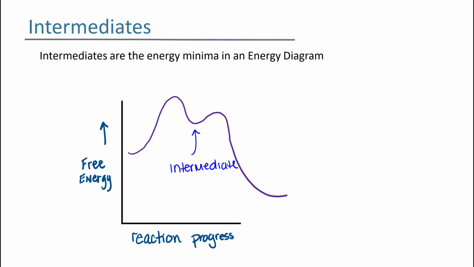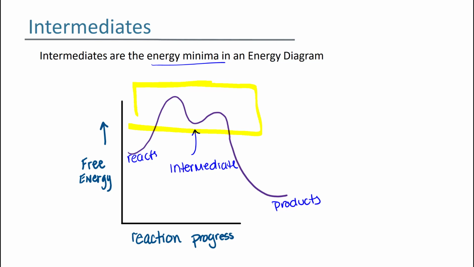So when we say that intermediates are the energy minima, we're excluding the idea that reactants and products are going to be lower than the intermediates. We're talking about this upper part of the graph where we're above the energy of the reactants.